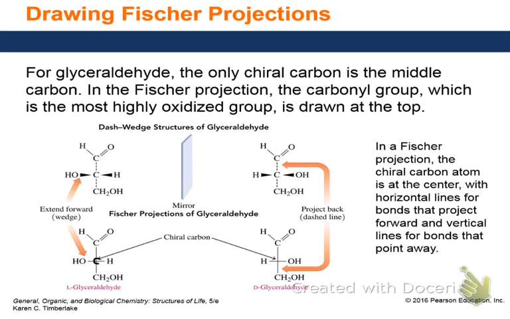It's a nice, easy representation. So in glyceraldehyde, which is the simplest of the sugars, if you put the OH on the left, that's L-glyceraldehyde. And if you put the OH on the right, that's D-glyceraldehyde. Okay?